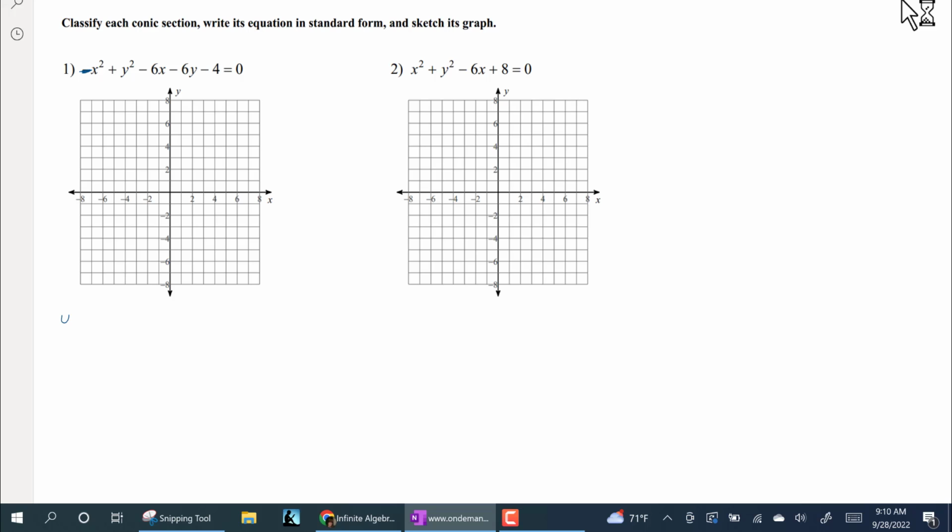So I'll start off with y squared minus 6y, and I'm going to leave some space. Then I'm going to put subtract x squared, subtract 6x, and this subtract 4, I'm going to add 4 to both sides. I'm going to leave some space and put 4. I'm going to move this down a little bit.